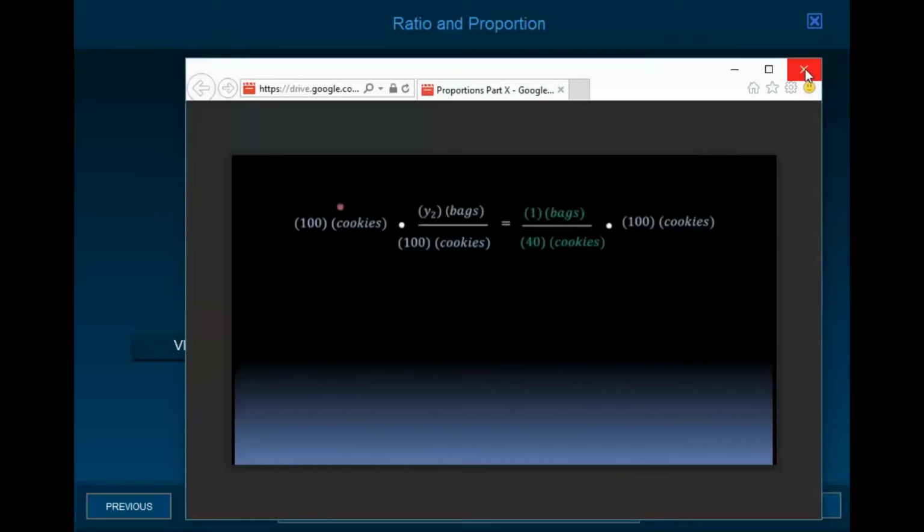We have 100 cookies times y sub 2 bags over 100 cookies.